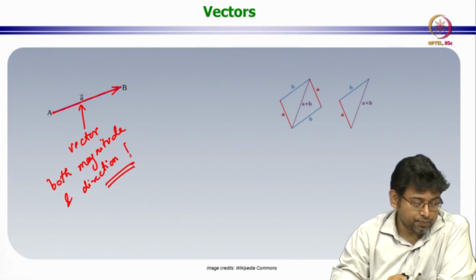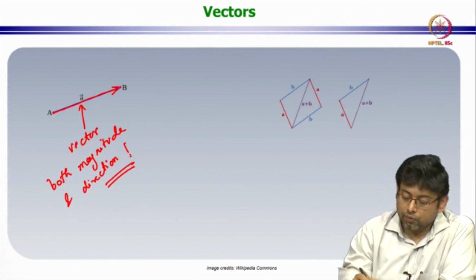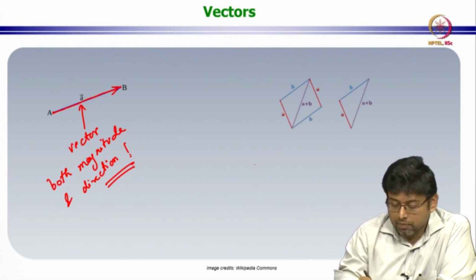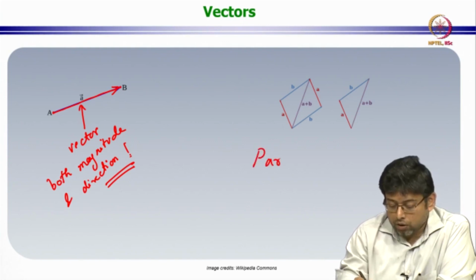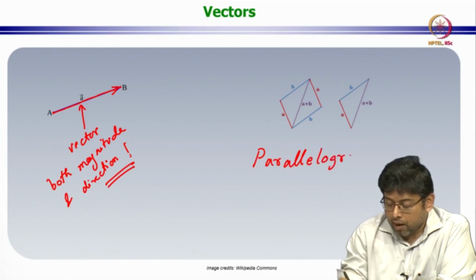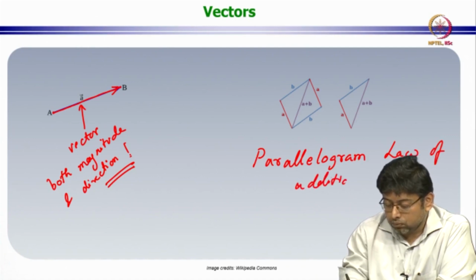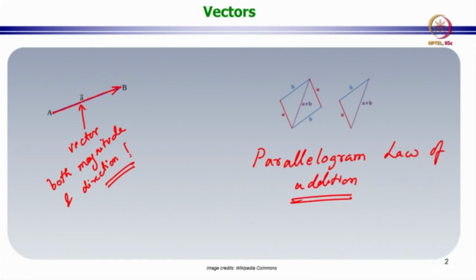Now, we are also taught how to deal with vectors, for example, how to add them, how to subtract them, and I hope you also have gone through what is famously known as the parallelogram law of addition. So here, I'll use this diagram to my right.